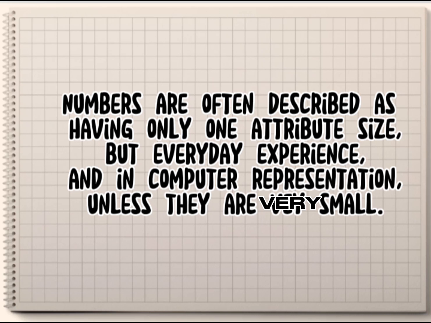Next, numbers are often described as having only one attribute, size, but in everyday experience and in computer representation, numbers must be expressed as sequences of digits or in algorithmic steps.